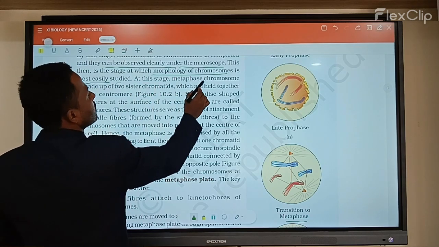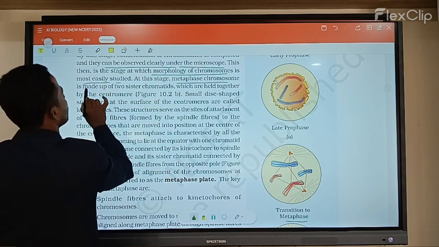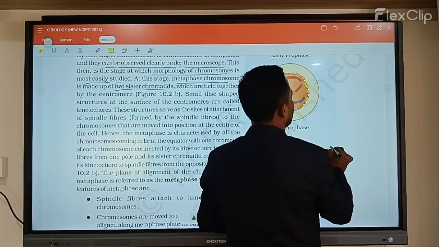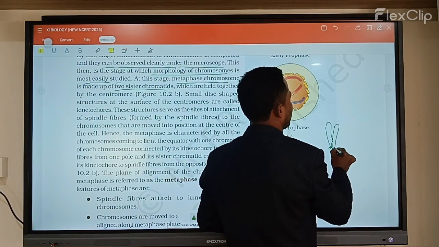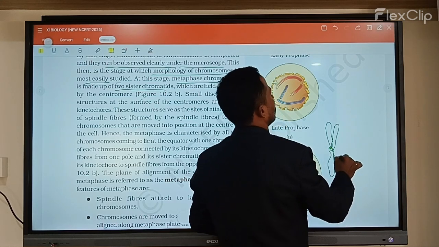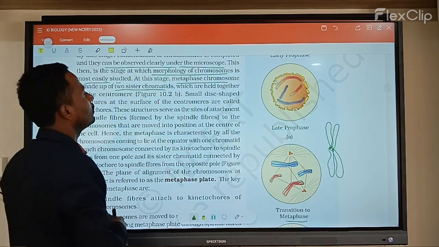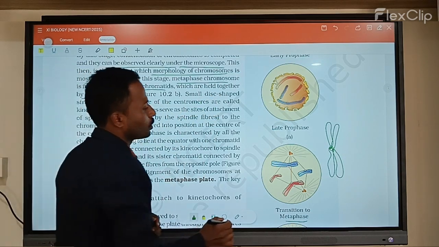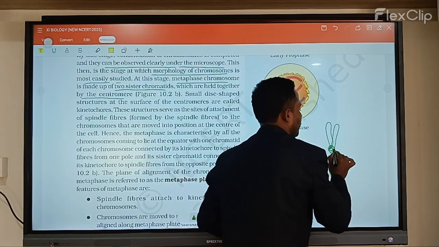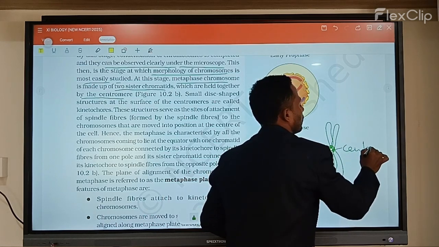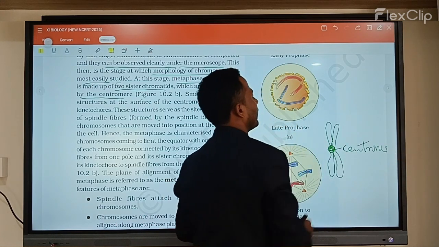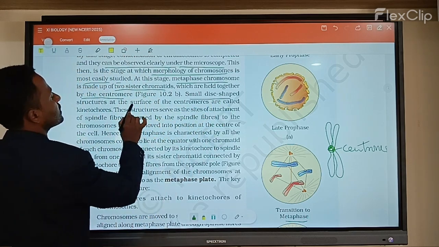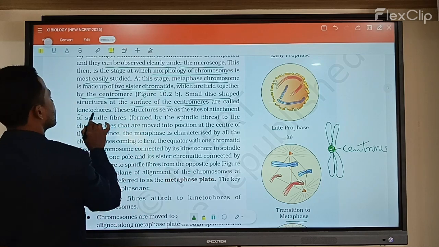Okay, now this stage is the metaphase. The chromosomes are made up of two sister chromatids. Here one observes the two sister chromatids attached and held together by the centromere. The small disc-shaped structure on the surface of the centromere is called the kinetochore.